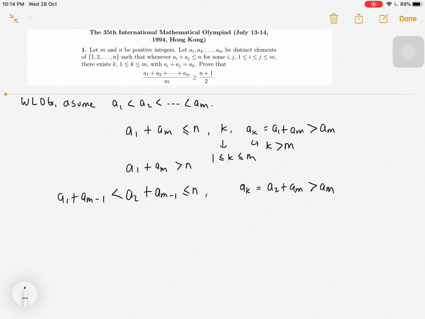Therefore, we have another l such that al is equal to a1 plus am minus 1.